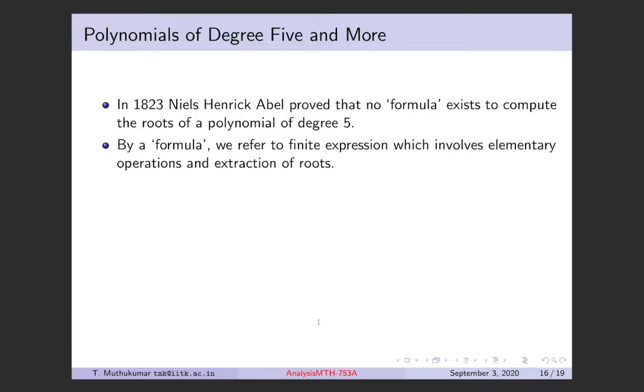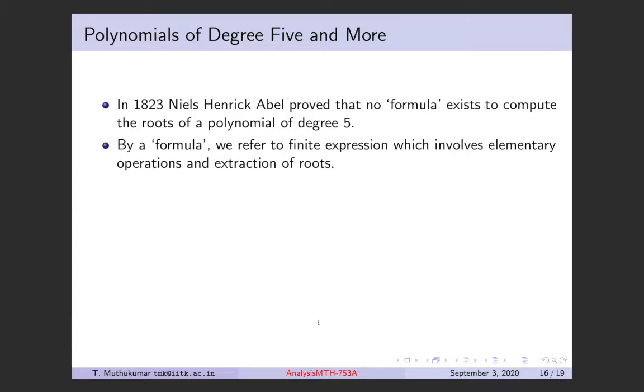You're only doing these kinds of elementary operations, and this is precisely what you mean when you say formula. And Abel showed that you cannot write such a formula for the roots of a fifth degree polynomial. This he showed in 1823.